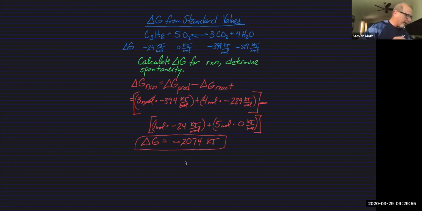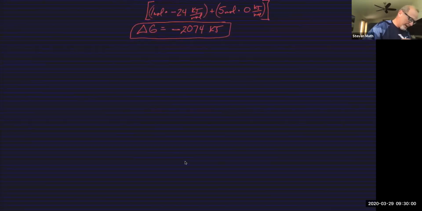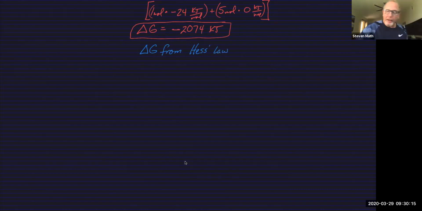Now let's look at our second type of problem we want to do. In this type of problem, we're going to use delta G from Hess's law, basically. Hess's law is a law of heat summation. And so in this case, it's not heat summation, it's free energy summation.